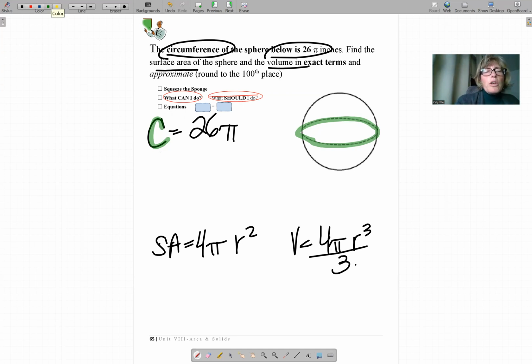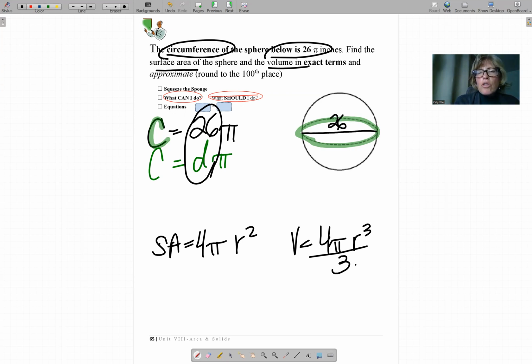Come up here, and we know that C equals d pi. So we got that our diameter here is 26 inches, which makes our radius, of course, half. Now we have everything we need.